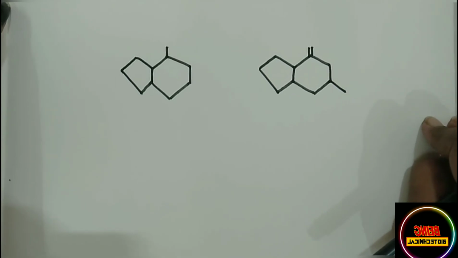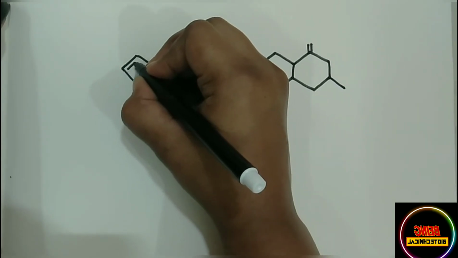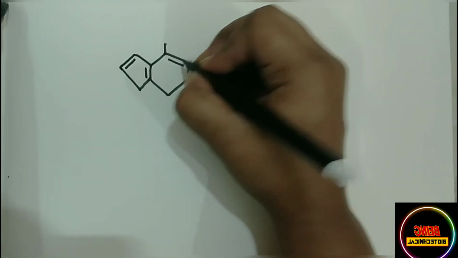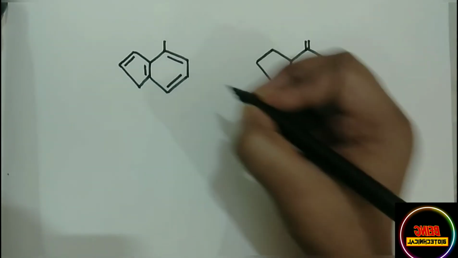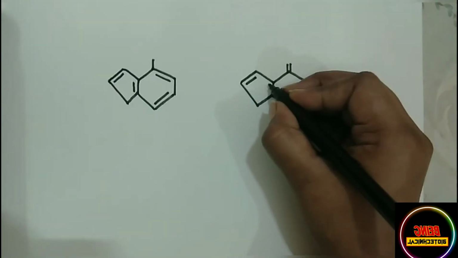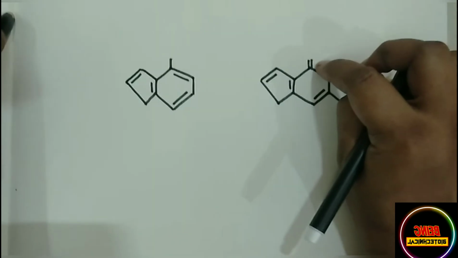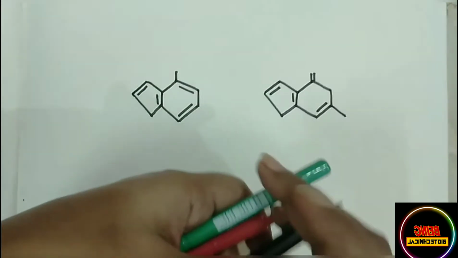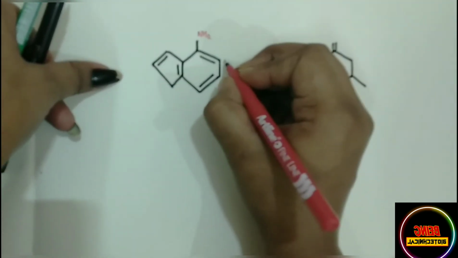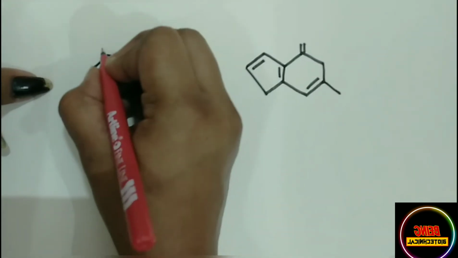Okay? Now look carefully. Draw double bonds at these positions. Here, here, here, and here. To the next structure, draw double bonds here, here, and here, because this is already a double bond. Now, write NH2, N, N, NH, N at these positions.